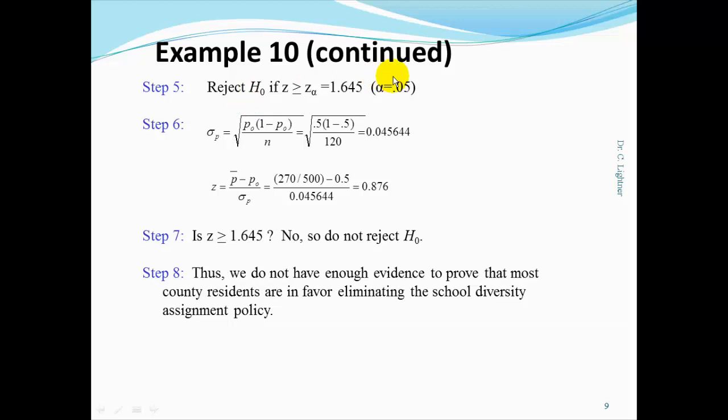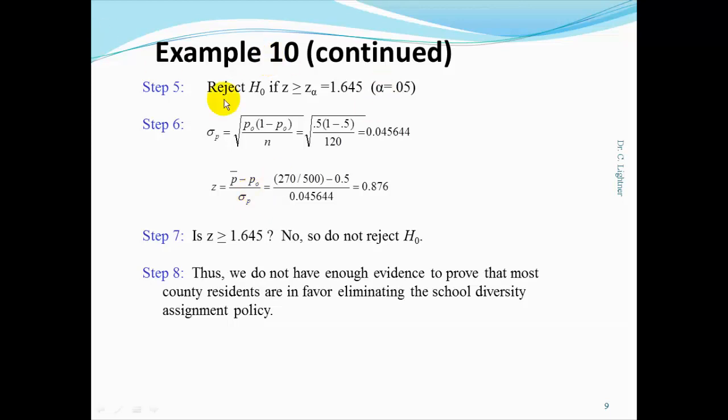For an alpha value of 0.05, we should follow the steps for computing Z alpha in order to obtain a Z alpha value of 1.645. In step 6, we compute our test statistic.